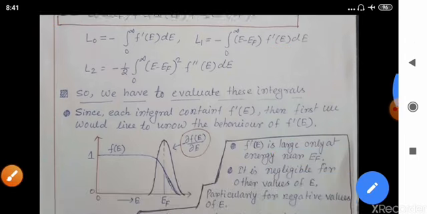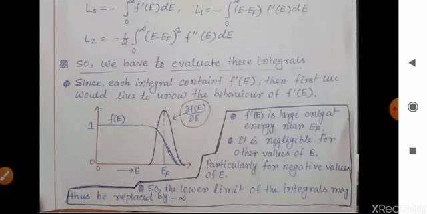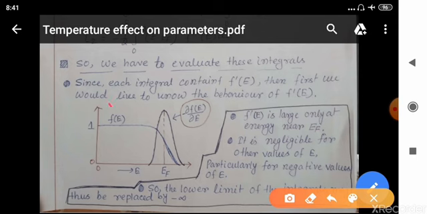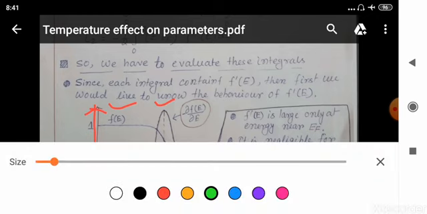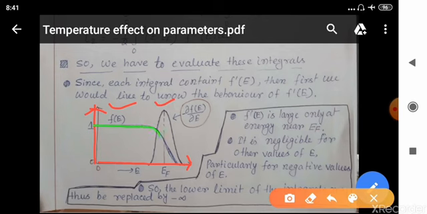So let's check the properties of f prime E. If we draw the f(E) function at any temperature, in the same curve we can also draw f prime E. As we know, if this is the energy axis and the y-axis, first we will draw the Fermi function, and we can see the Fermi function is like this, for any temperature above absolute zero. This green curve shows the Fermi function.